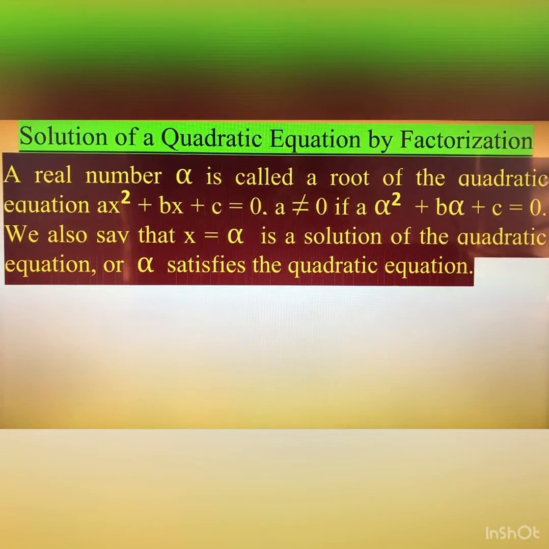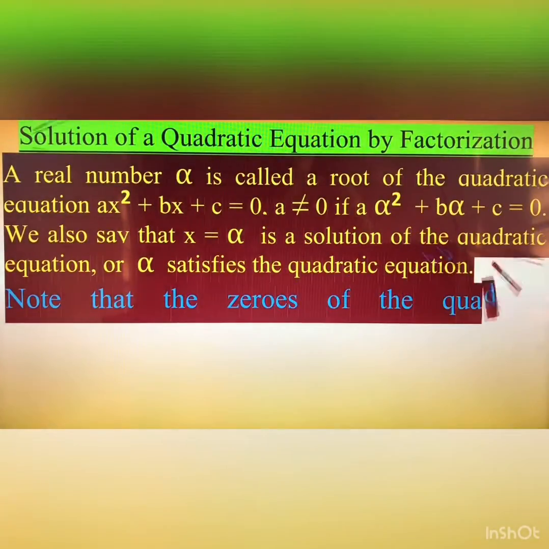Means if alpha is the root of any quadratic equation, then 100% this alpha will satisfy the given quadratic equation. Means when we put the value of that root in the quadratic equation, you will get the result 0. If you get the result 0, it means alpha is the root of the quadratic equation.